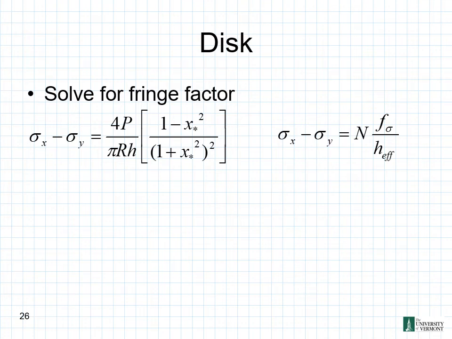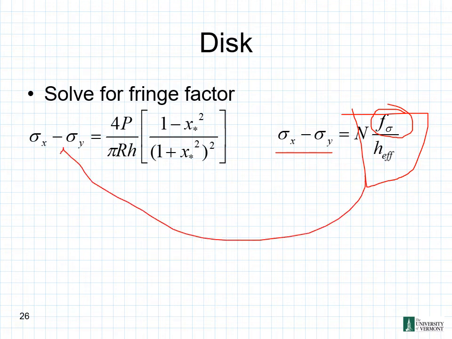So we have all these relationships and equations that we can plug in. So we can see we have our sigma x minus sigma y is equal to our 4p relationship here, where we now know from previously that our sigma x minus sigma y is given by this relationship here, n times our f sigma over h effective, and what we're looking for is our f sigma, so we want to solve for that, so we can plug this in over here into this relationship for our sigma x minus sigma y.